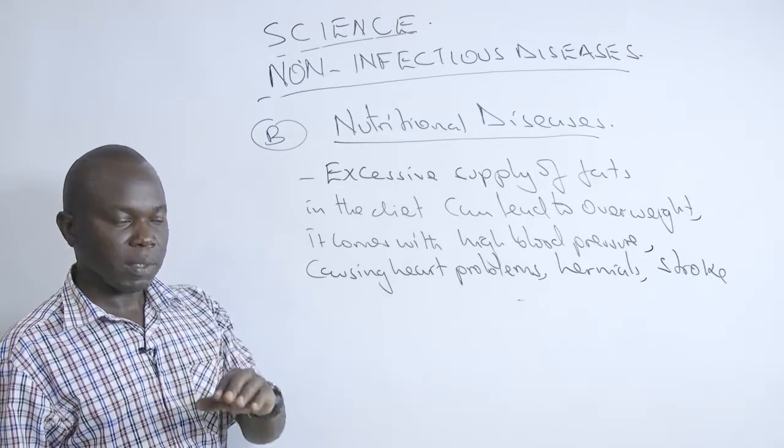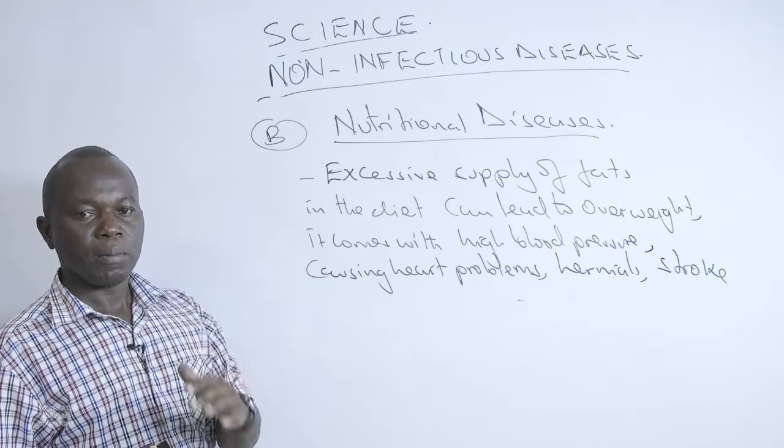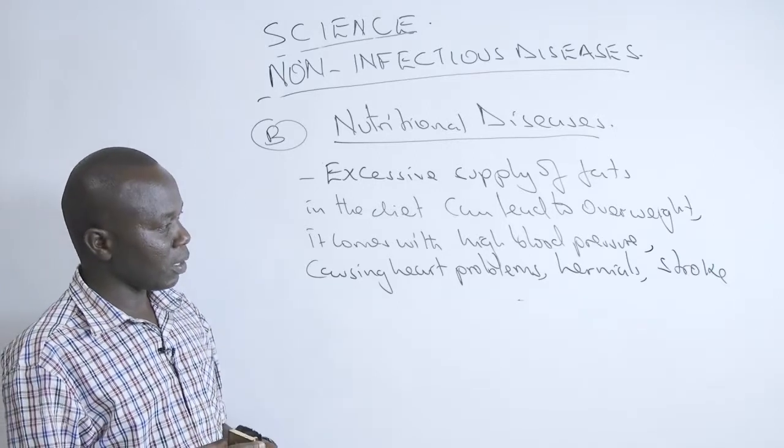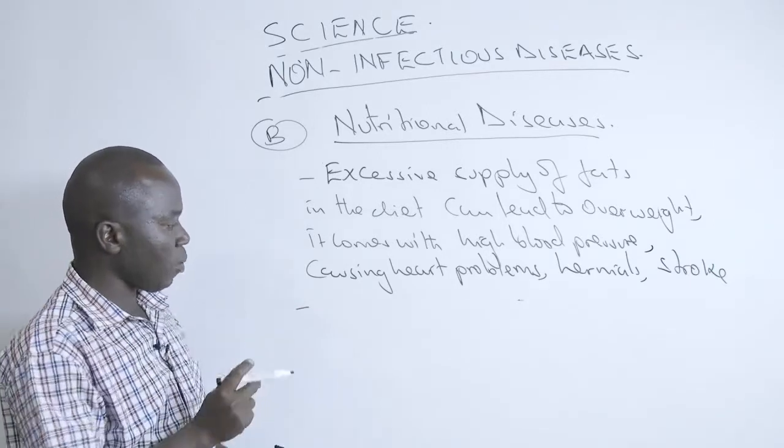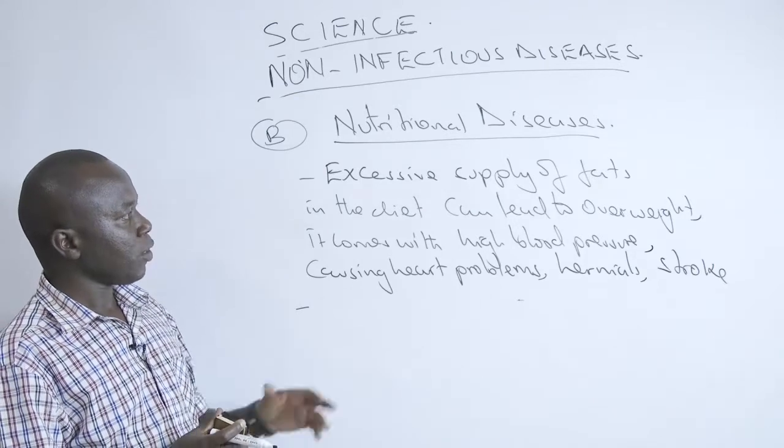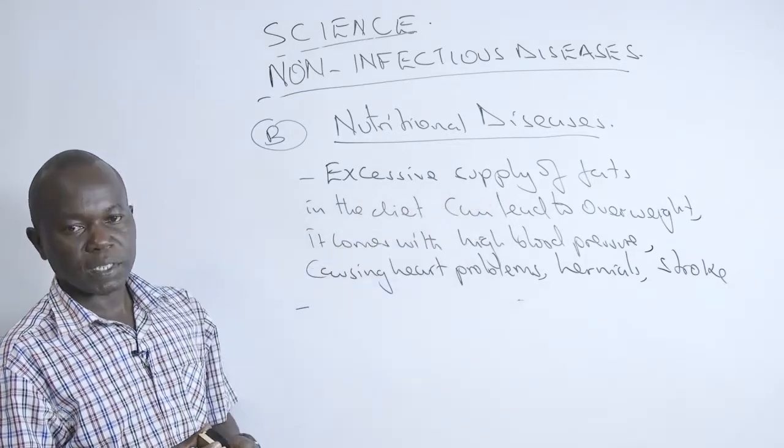Brain cells, when they get into contact with blood, they die immediately, which can lead to coma and even death. So this is excessive, for example, fats.